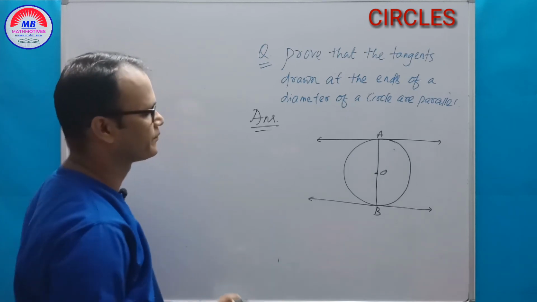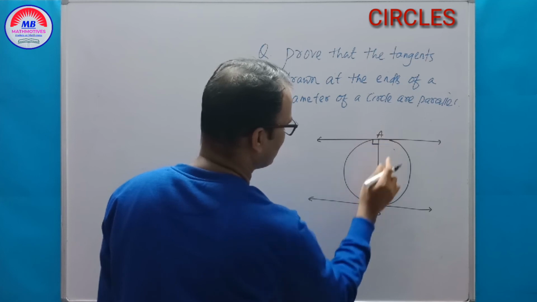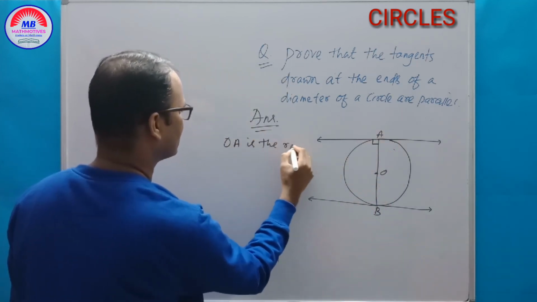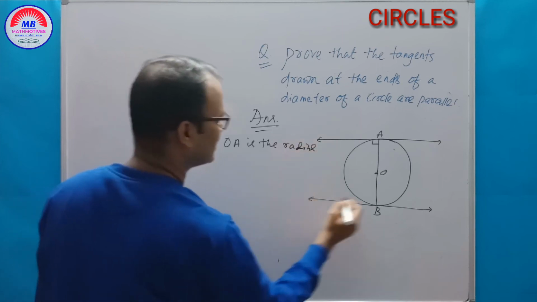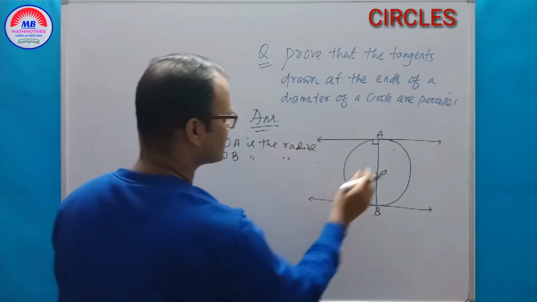It is very easy. First we see OA is the radius. Similarly, OB is the radius.